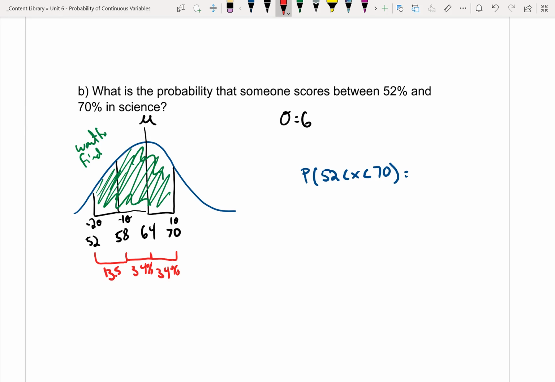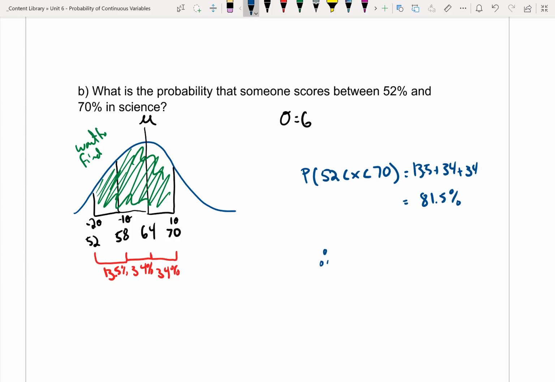So that means in total, I can add up all of these percentages to find the probability of a score between 52% and 70%. 13.5 plus 34 plus 34 works out to be 81.5%.